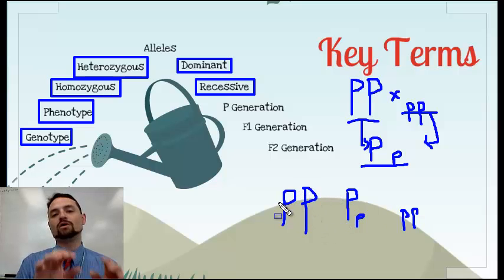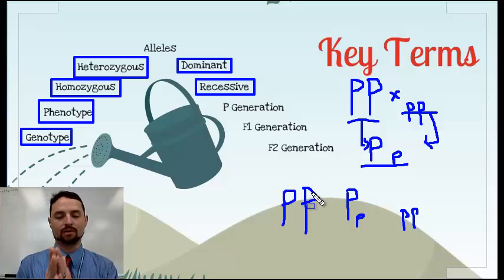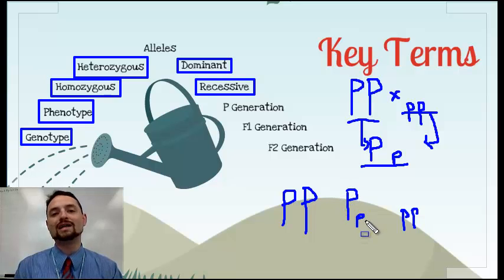Big P, big P. What are the actual alleles present? So this one has a big P allele and a big P allele, or a purple allele and a purple allele. That is its genotype. Here, they have a big P allele and a little p allele, or a purple allele and a white allele. That's its genotype. So there's a clear difference here. Make sure you understand that difference.